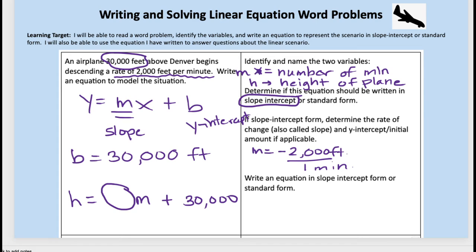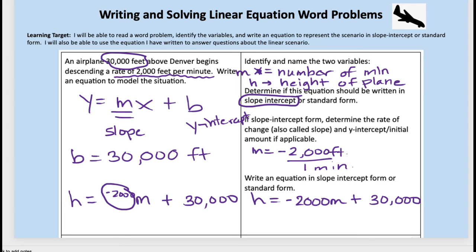So my slope is actually going to be negative 2,000. So let's write it one more time. h equals the rate of change, or the slope, negative 2,000 m, and m stands for the number of minutes, plus 30,000, which is the initial height of the airplane.